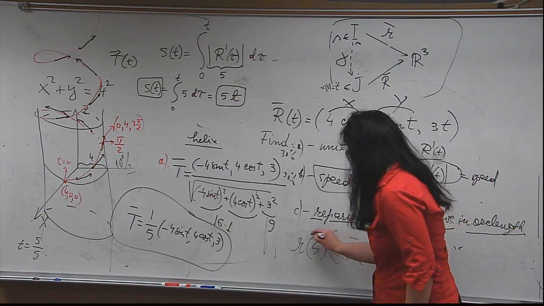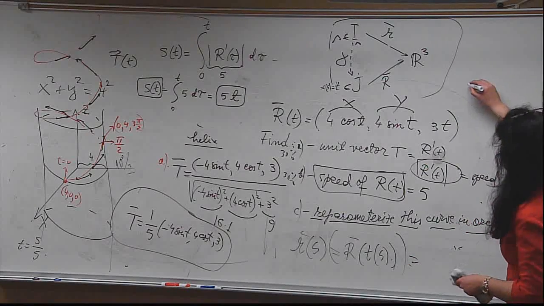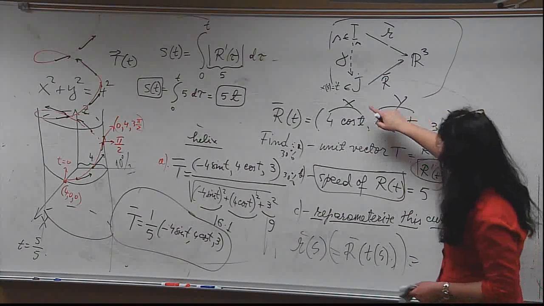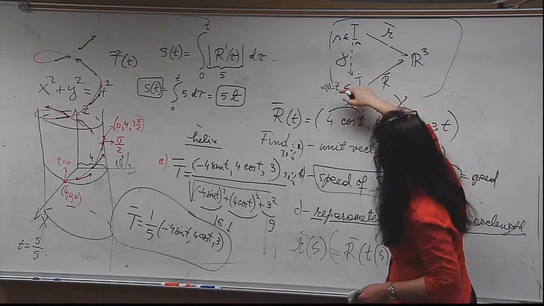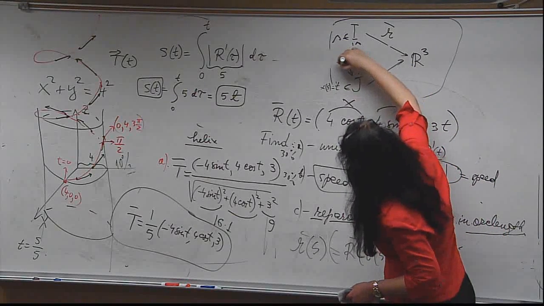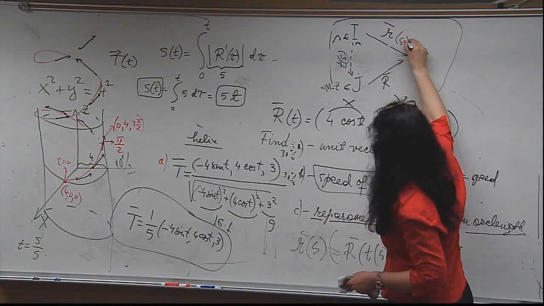Are you guys with me? Do you have to write all this story down? No, but that will remind you of the diagram. So I have R of T of s, or alpha of s. And R of T of s is r of s, right?